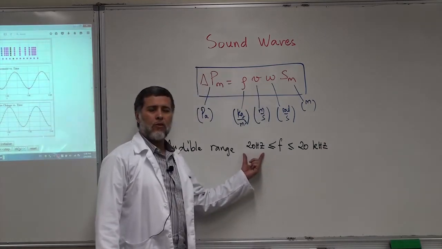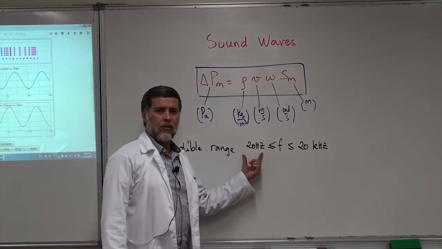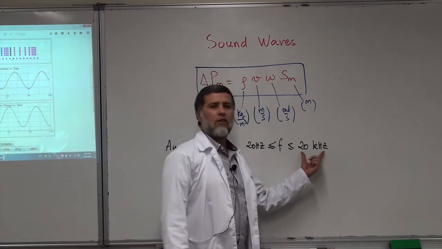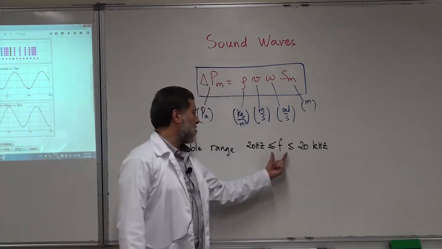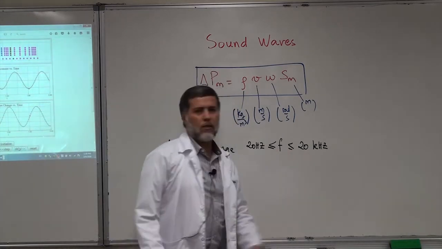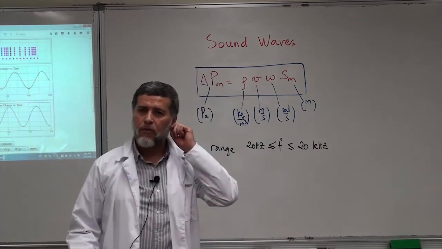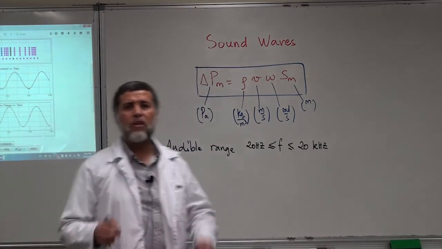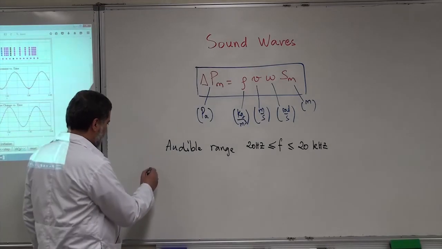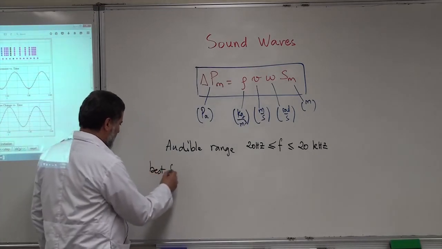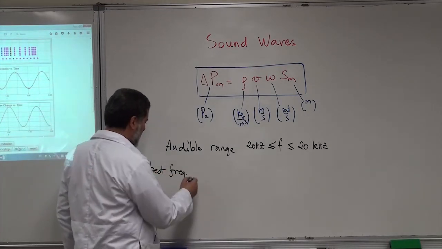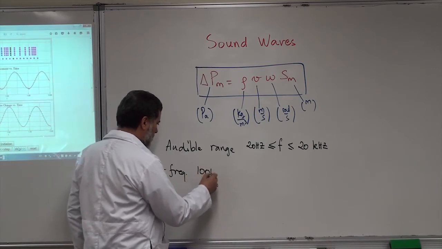Below 20 hertz is called the infrasonic region, and above 20 kilohertz is the ultrasonic region. So the audible range is between 20 and 20,000 hertz. The best frequency for a human ear to detect sound is 1,000 hertz.